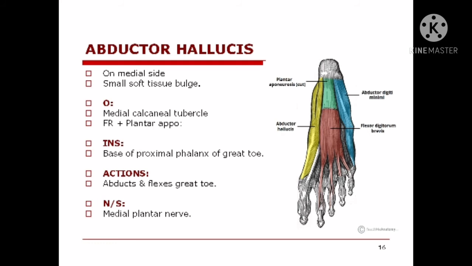Its insertion is upon the base of the proximal phalanx of the big toe, as you can see, and its action is to abduct and flex the great toe. The nerve supply is the medial plantar nerve.